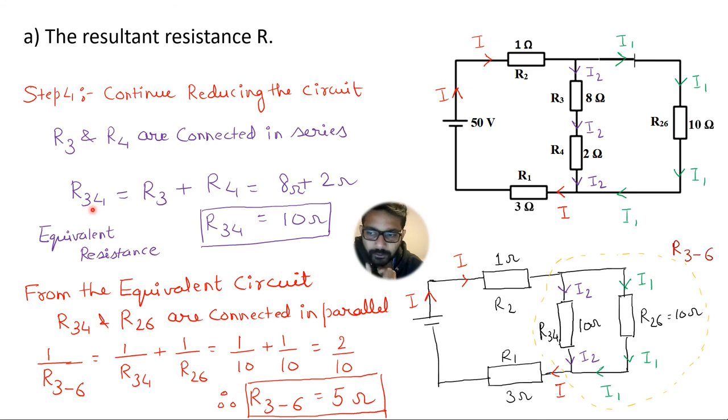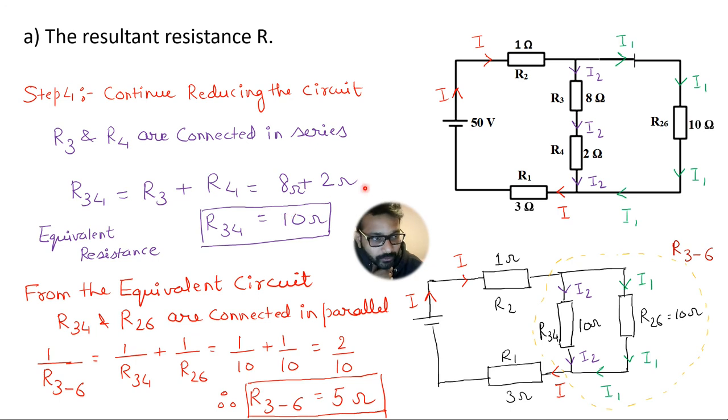You can call it anything depending on you. So R34 is equal to R3 plus R4, because they are connected in series. Now the value of R3 is 8 ohms and R4 is 2 ohms. So simply adding them together, I get 10 ohms here.